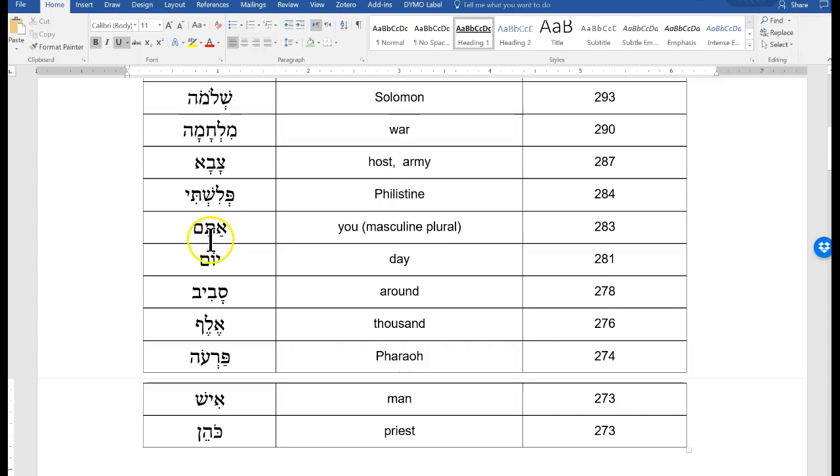Atem, notice the doubling dagesh. This is you, plural masculine. Yom, we already know. Saviv is around. Elef is 1,000. Paro is Pharaoh. Ish is man, we're familiar with that. And Kohen is priest.